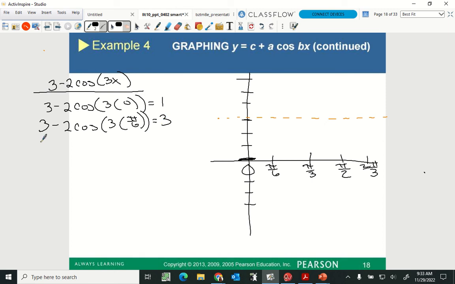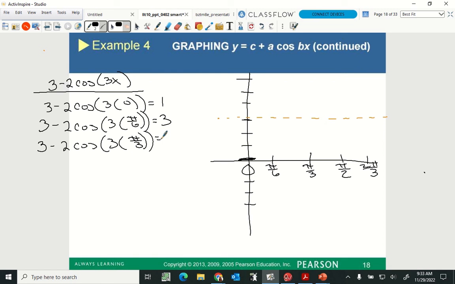Alright, next one is going to be 3 minus 2 cosine 3 parentheses pi over 3. All right, so 3 times pi over 3 is just pi, right? So now put your finger on pi. Cosine at pi is -1.